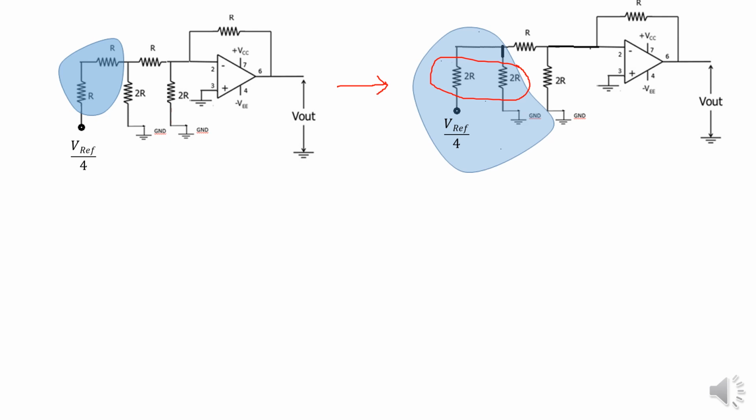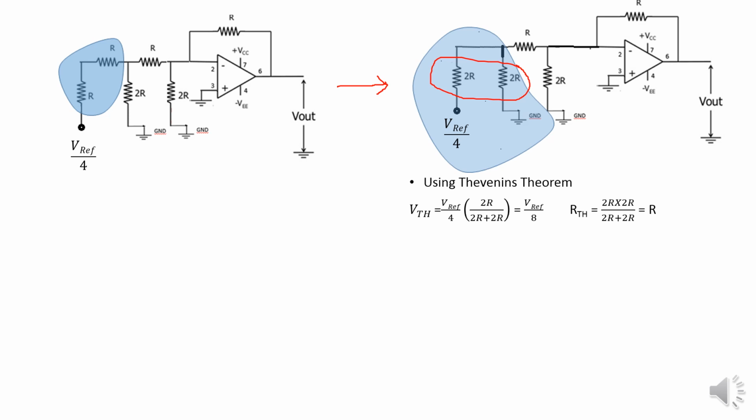Okay. Now again by applying Thevenin's, what will be the Thevenin's equivalent voltage? V reference by 8, and equivalent resistance, Thevenin's resistance, equal to R. So using Thevenin's theorem, VTH equals applied voltage V reference by 4 into opposite resistance by total resistance, which is V reference by 8.